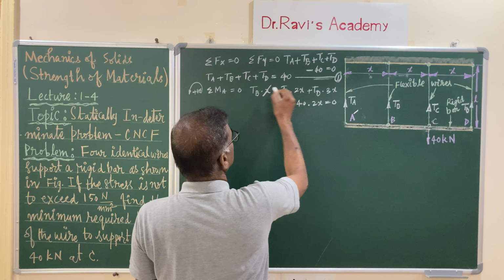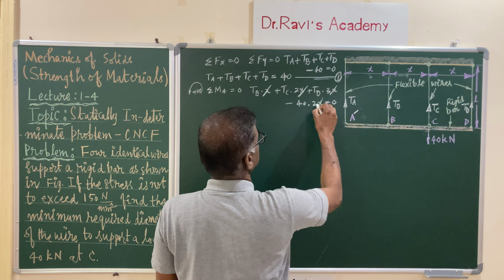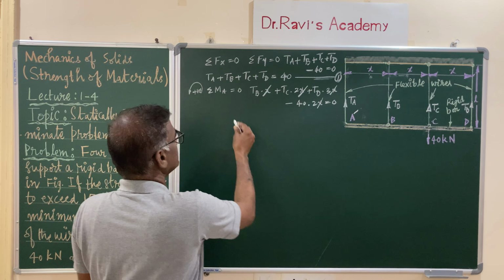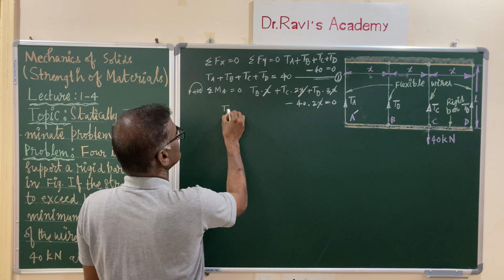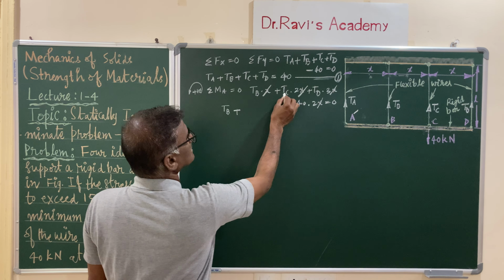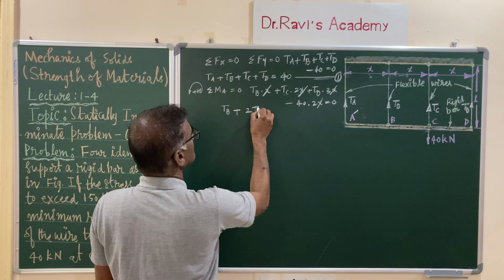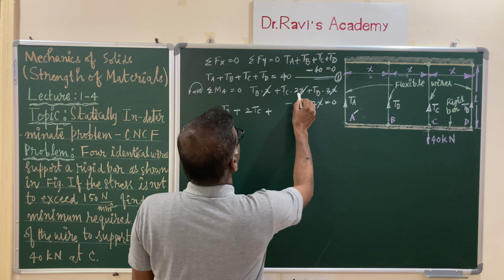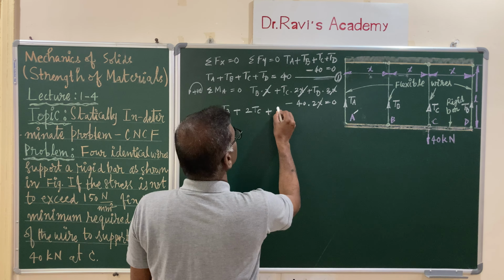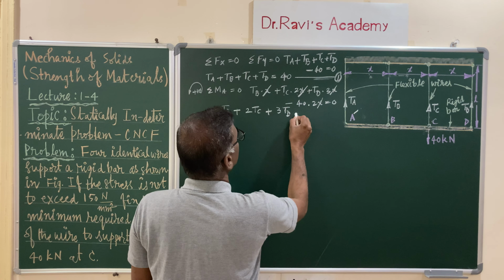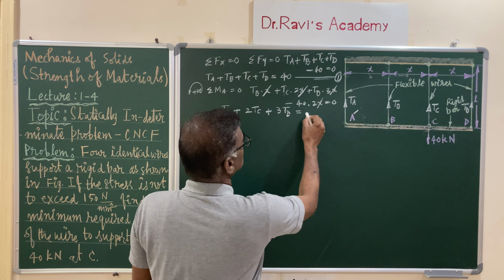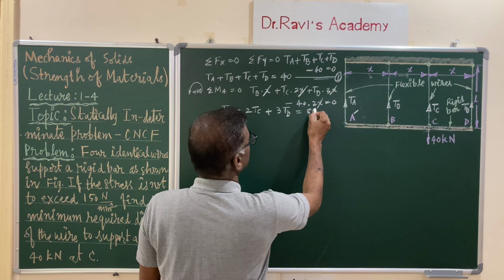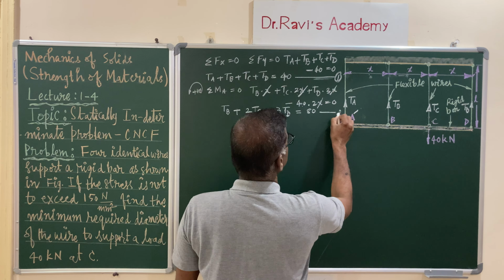Observe carefully, x, x and x get cancelled. You can rewrite this as TB plus 2TC plus 3TD equals 40 into 2, that is 80 on the right hand side, and this is your equation 2.